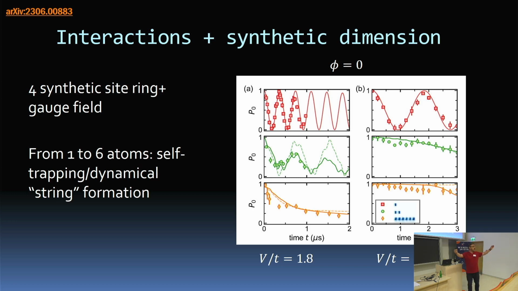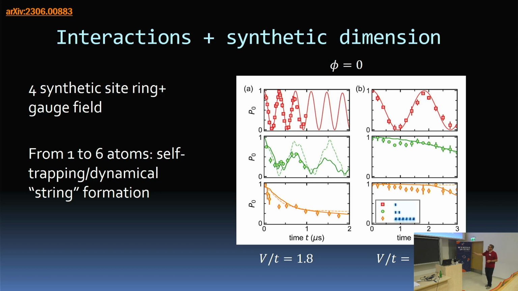That 0, 0, 0 state has, if you don't have the synthetic tunneling, if you only had interactions, it can't do anything. Remember, the interactions are this flip-flop thing, but there's nothing to flip-flop with. If I'm in 0 and my neighbor's in the 0 state, I can't do anything, I'm stuck. And so that's really all that is. And so you get this kind of dynamical self-trapping, or this is a very simple type of what we call quantum strings.